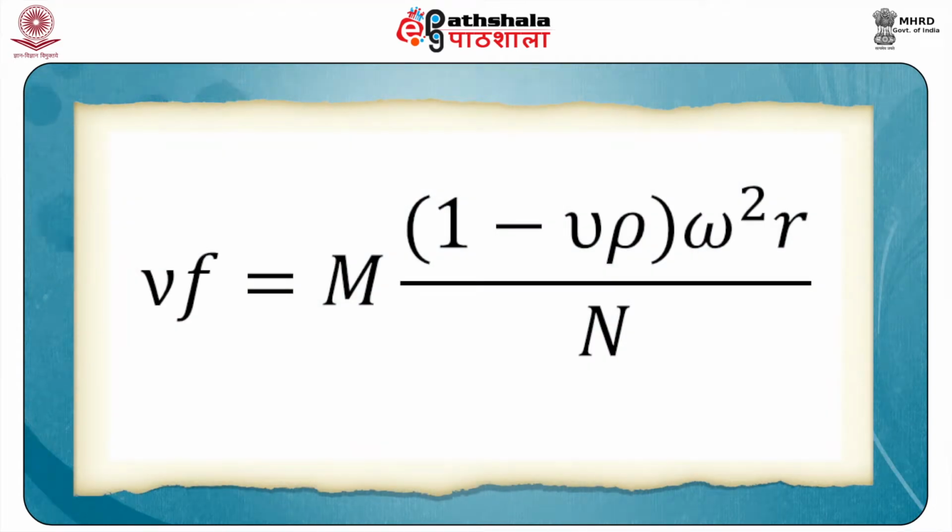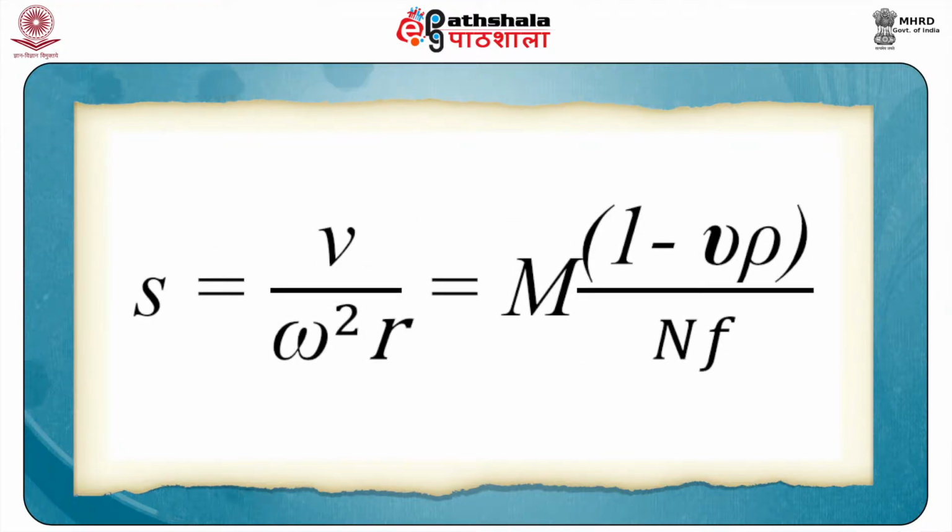Hence, Vf is equal to capital M into brackets 1 minus nu bar rho brackets closed omega square r divided by N. Substituting for the sedimentation coefficient as V divided by omega square r, then S, or the sedimentation coefficient, is equal to V divided by omega square r, which is again equal to capital M brackets 1 minus nu bar rho brackets closed divided by capital N F.